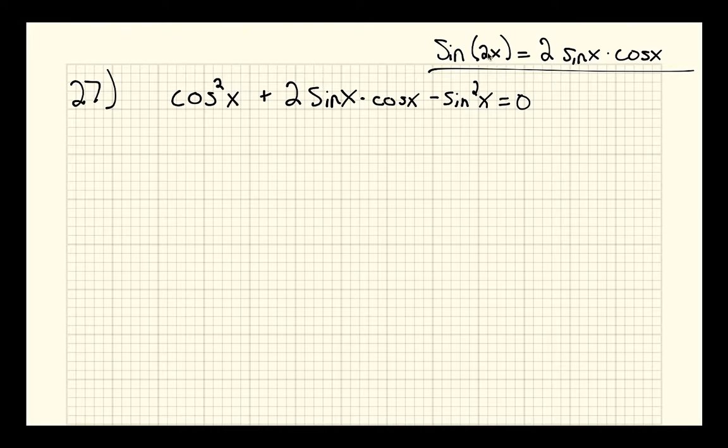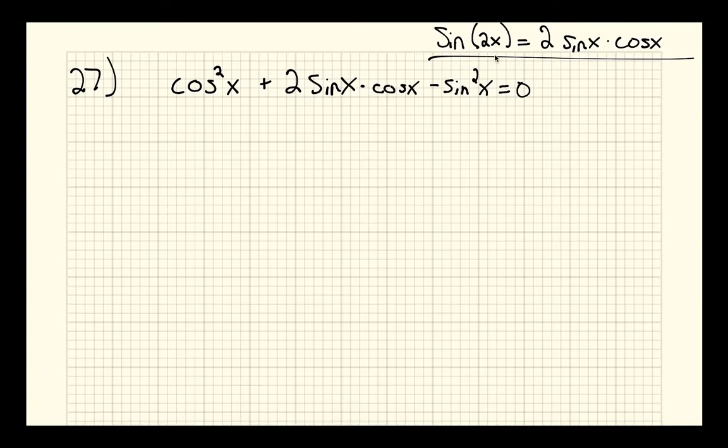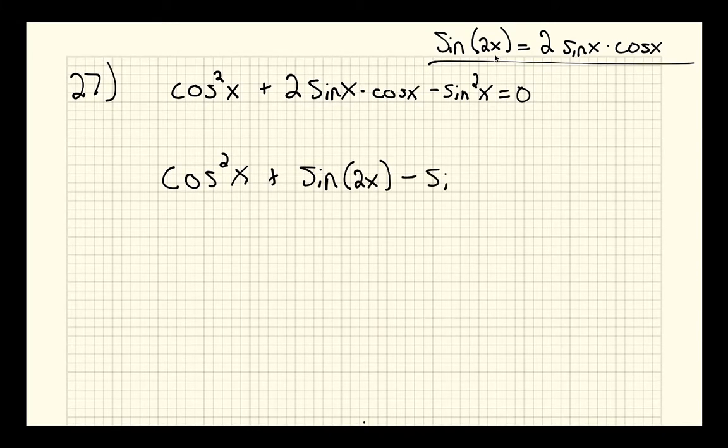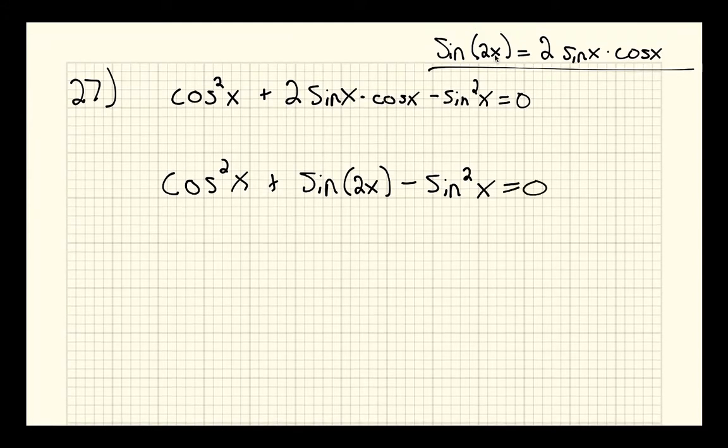So if you knew this identity, that means you could replace this 2 sine x times cosine x with this guy. So we'd have the cosine squared x plus sine 2x minus sine squared x equals 0.